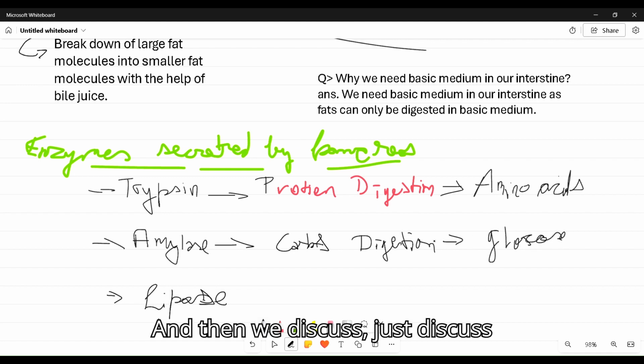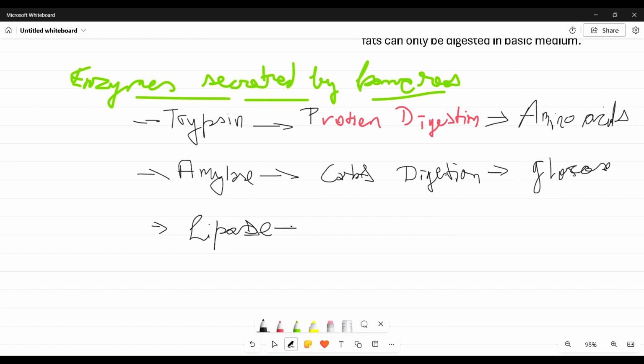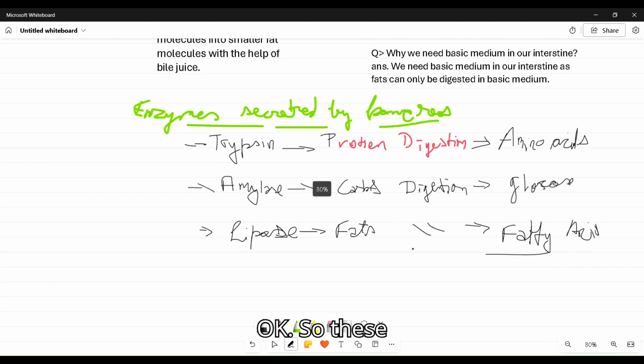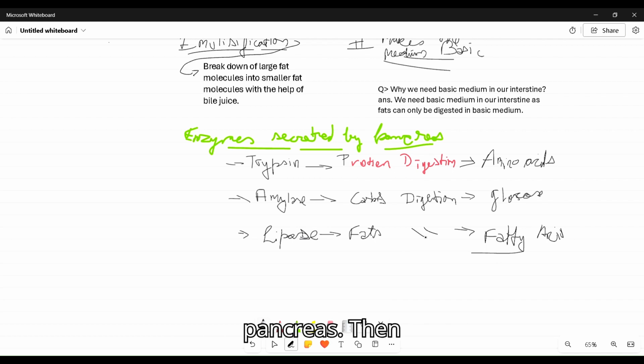And then we just discussed lipase. It converts fats into fatty acids. So these are the main enzymes secreted by the pancreas.